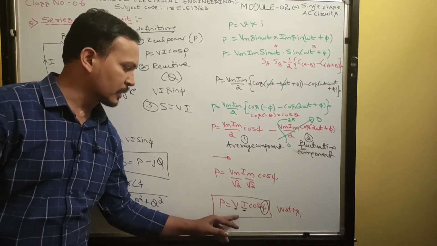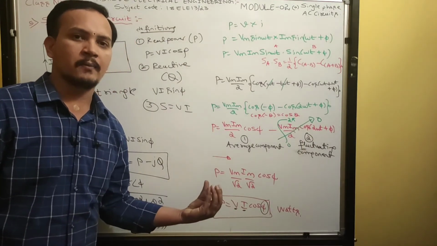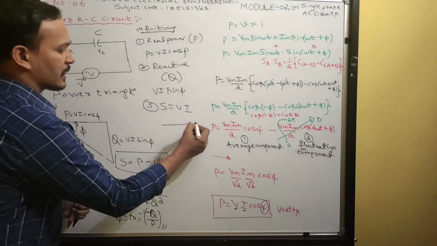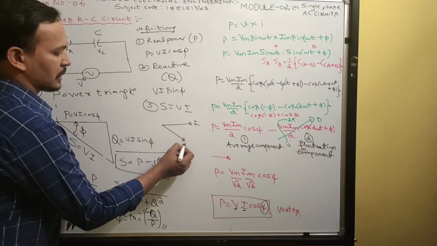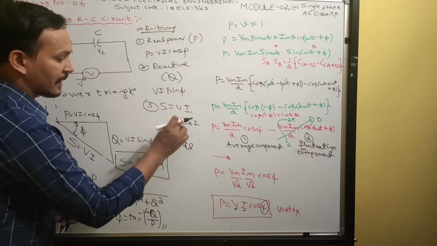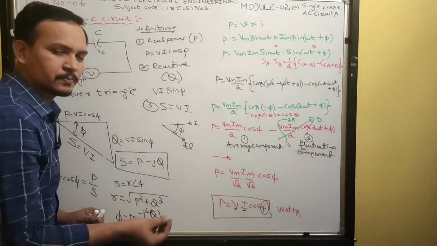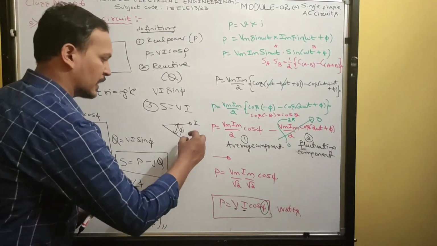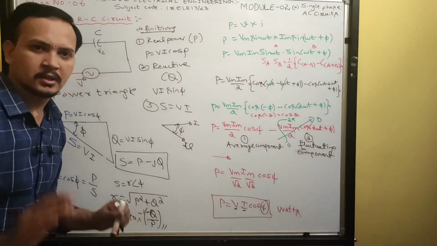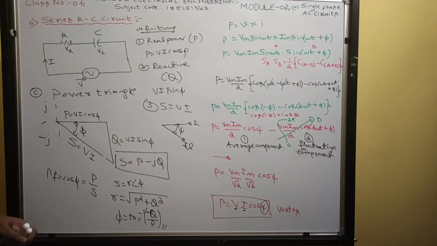Suppose the current is like this and the voltage is like this. What is between them? This angle. Don't write plus phi or minus phi. The angle between voltage and current, whatever value is there, you write it here. That's it. Okay guys, understood?